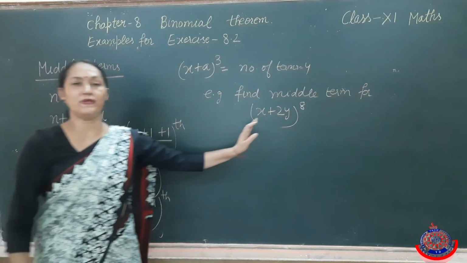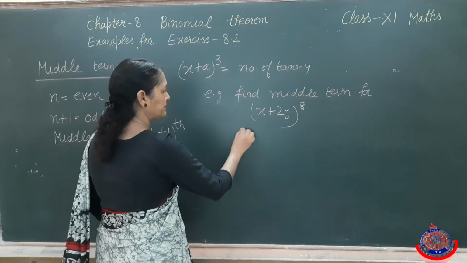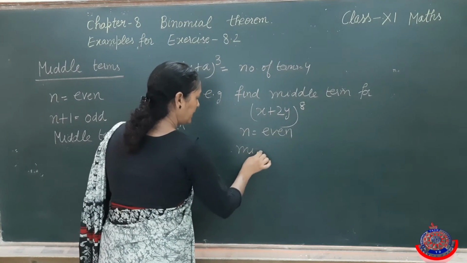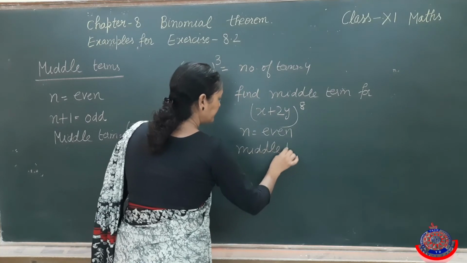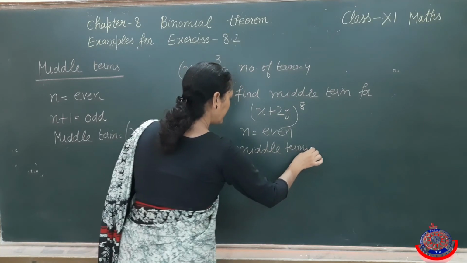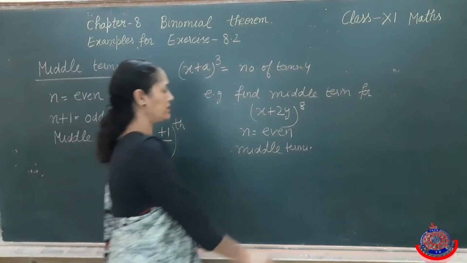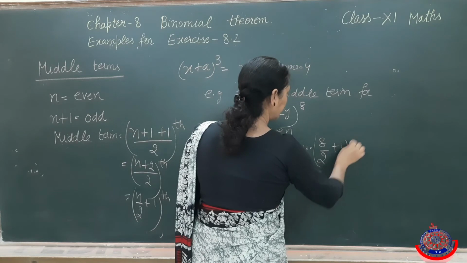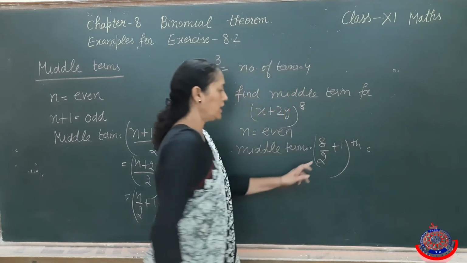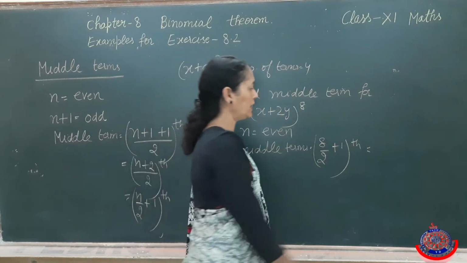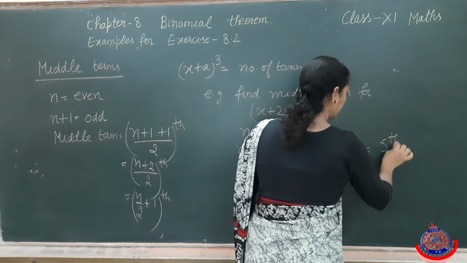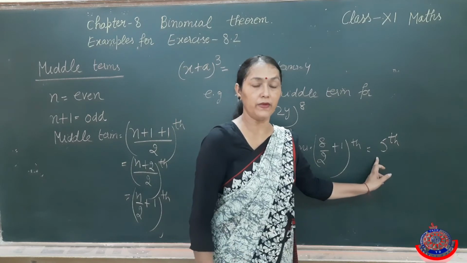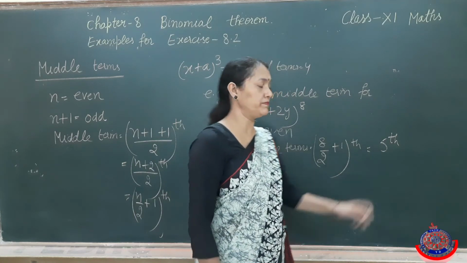Here 8 means n is even, and then the middle term would be n upon 2 plus 1, means 8 upon 2 plus 1th term, means 8 upon 2 is 4, 4 plus 1, the 5th term. So find out the 5th term by the formula of the general term, you will be getting the answer of the middle term.